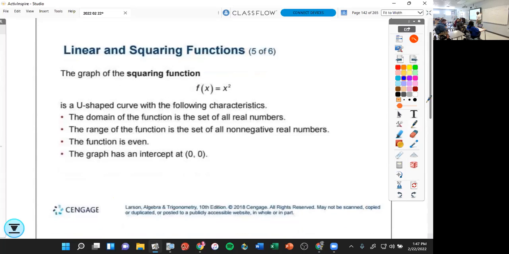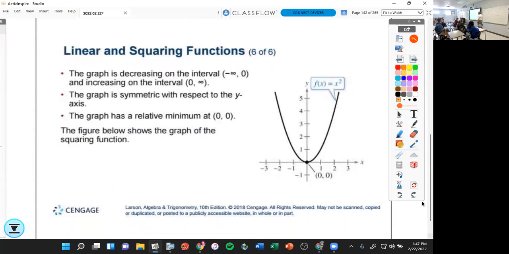More stuff about the squaring function. It's decreasing from negative infinity to 0. It's increasing from 0 to infinity. Symmetric with respect to the y-axis. So it's kind of repeating itself here. If a function is even, then by definition of an even function, it is symmetric about the y-axis. Saying this twice is actually repetitive and redundant.